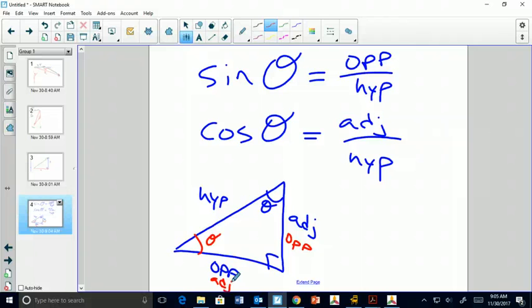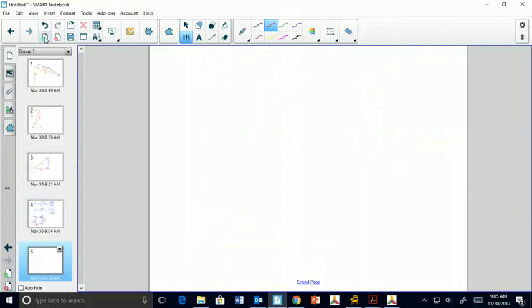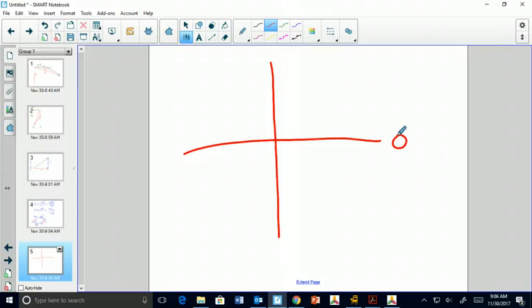Good. Physics, we use this when we're talking about an x and a y graph. We always make this our 0 starting point. And we go this direction so that this is 90. And this is 180. And this is 270.